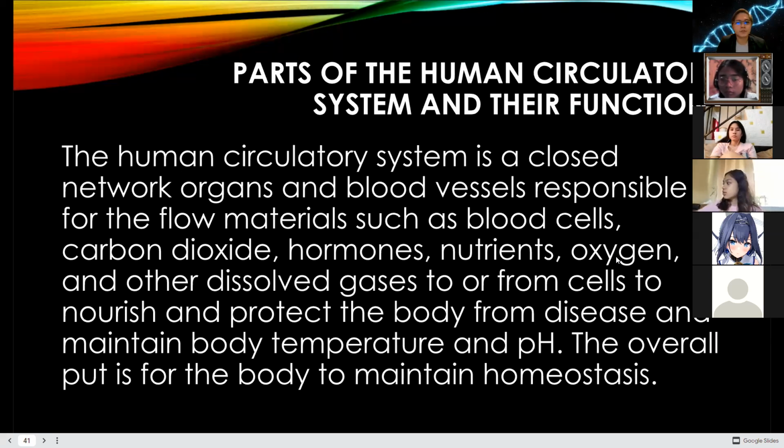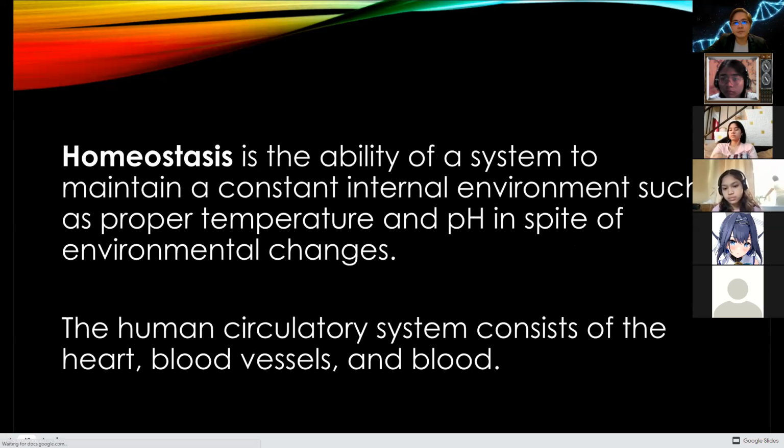It should be balanced, or have a homeostatic environment. Homeostasis is the ability of the system to maintain its constant internal environment, such as proper temperature and pH, in spite of environmental changes. This is homeostasis, the state of balance.